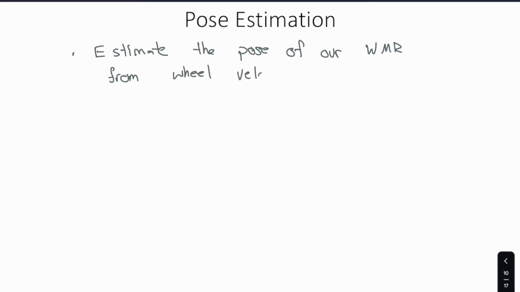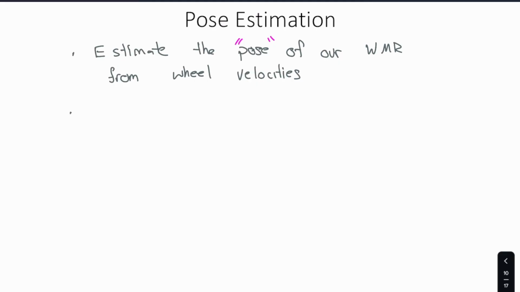Let's wrap up this video by talking quickly again about what our goal is. So to put it simply, our goal is to estimate the pose. We're going to estimate the pose of our robot from wheel velocities.